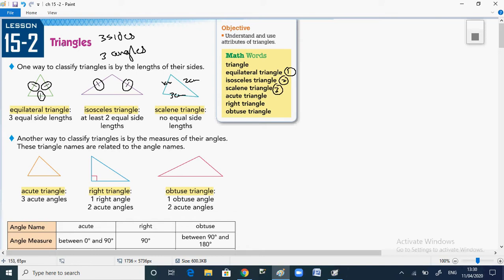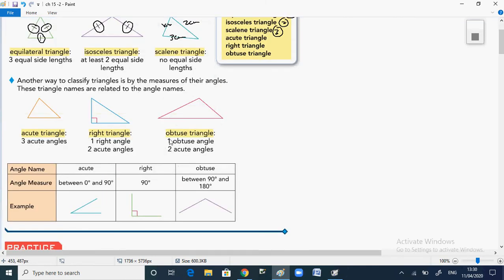But for angles, if I want to classify my triangle using the angles, I say acute triangle: 3 acute angles. This is acute, this is acute, this is acute. What's the meaning of acute? Look, we will talk about this angle.